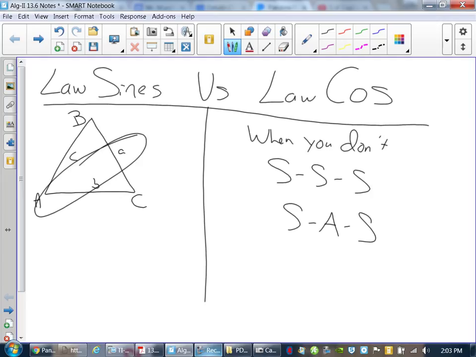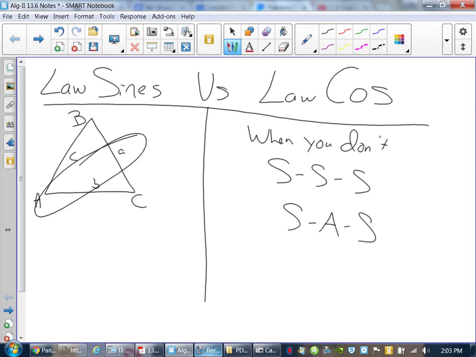So if you have one of those two scenarios, it forces you to use the law of cosines. Once you use the law of cosines once, you will then immediately have an angle and a side opposite, which means you don't have to use it again, which is nice. Law of cosines is not difficult. It just takes a couple extra steps to work itself through.